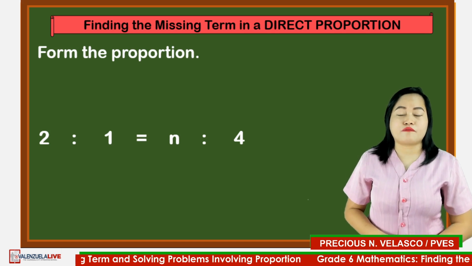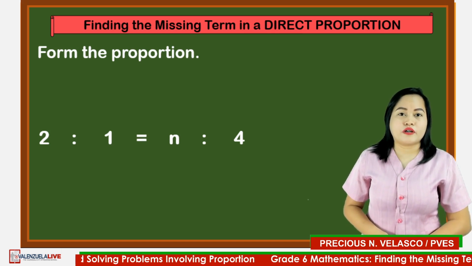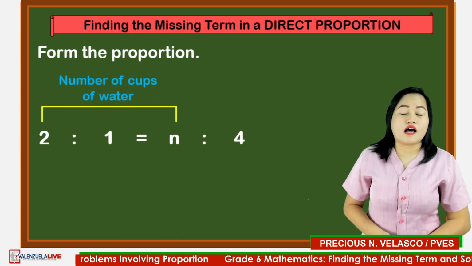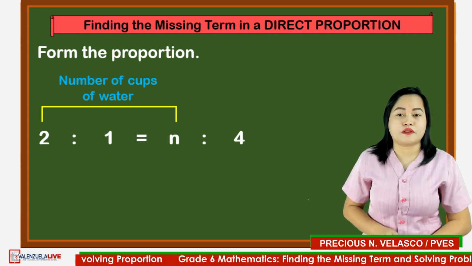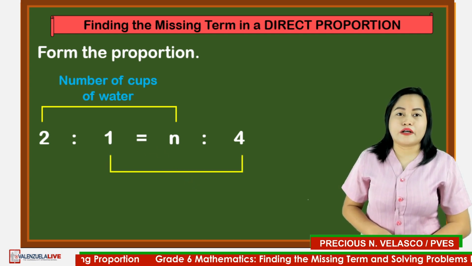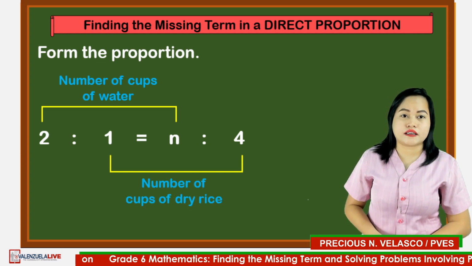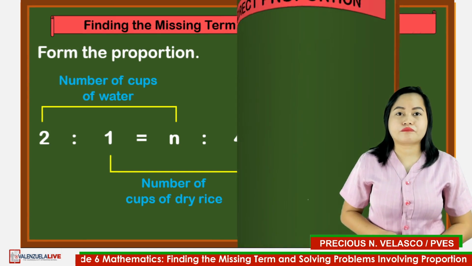So let's form the proportion first. We are going to write 2:1 is equivalent to N:4, wherein 2 and N are the number of cups of water, and 1 and 4 are the number of cups of dry rice.